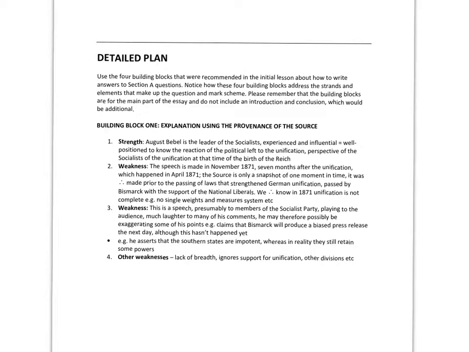Okay, and I think it's important with the first building block that you really focus on the provenance of the source. Showing awareness of, and I always have those 2 words in my head, you've got to show awareness of the purpose of the author: who's he speaking to and why, what does he hope to achieve.